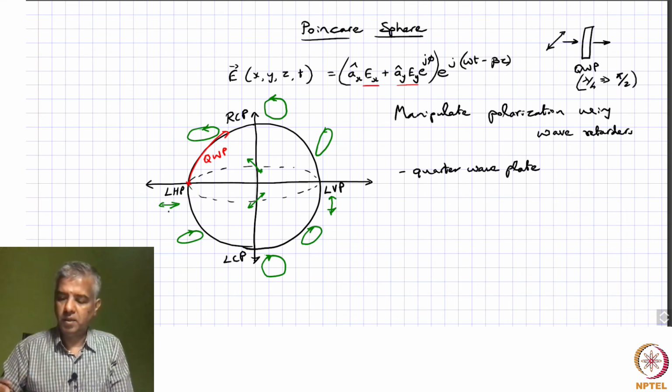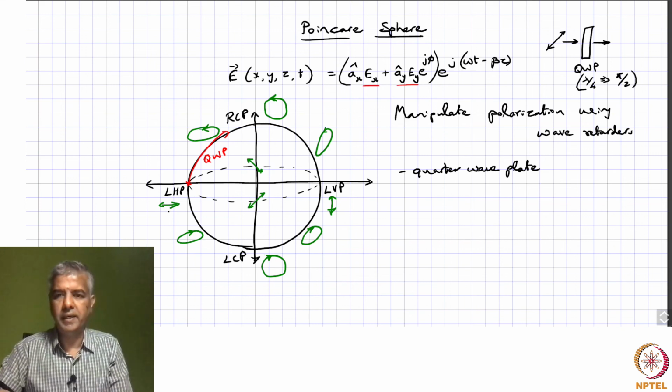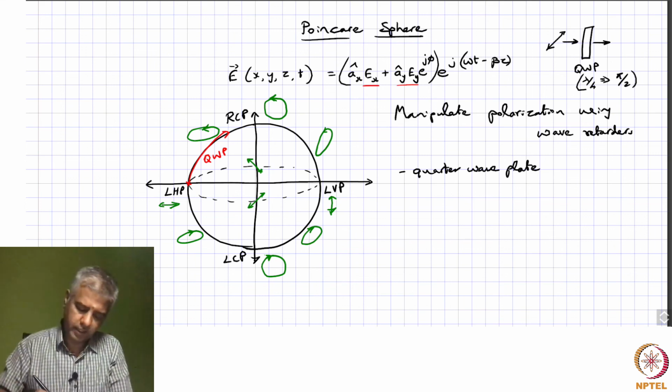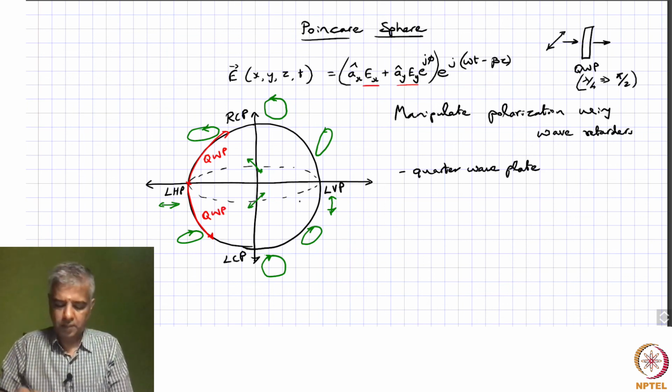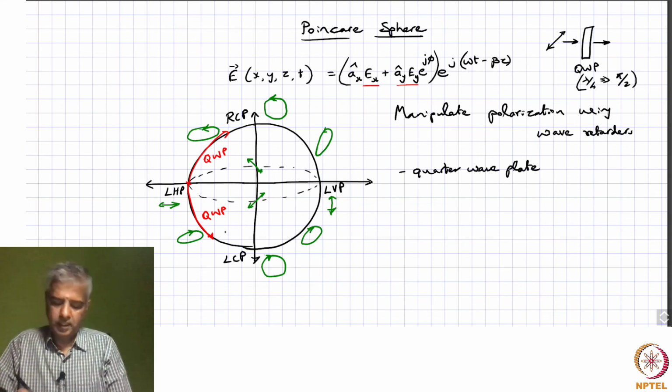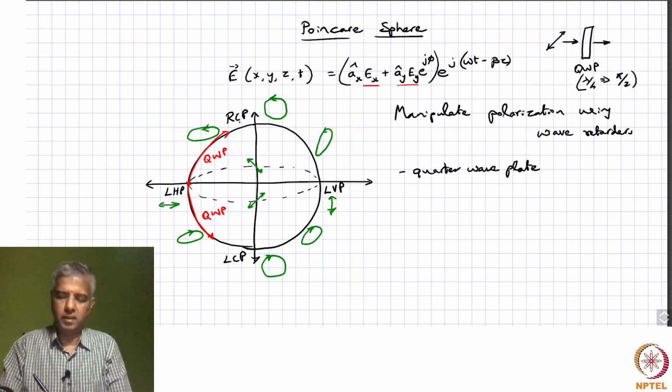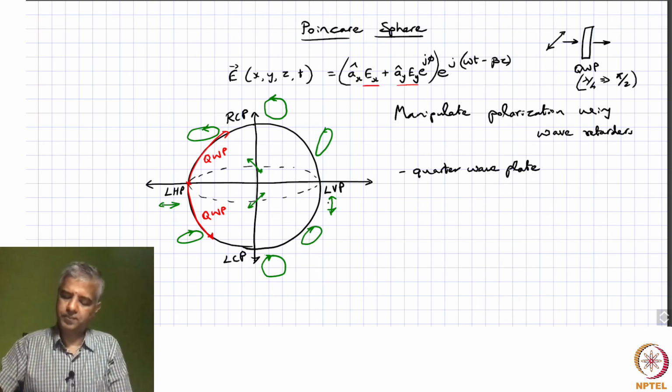If it is plus pi by 2, that means Ey is leading Ex. So in that case, it will go in this direction. But if it is minus pi by 2, it will essentially go in this direction. So that's what a quarter wave plate does.